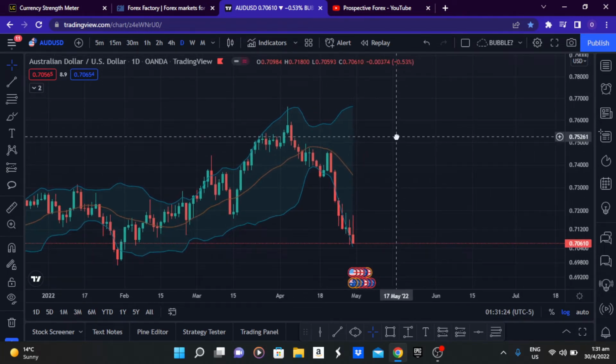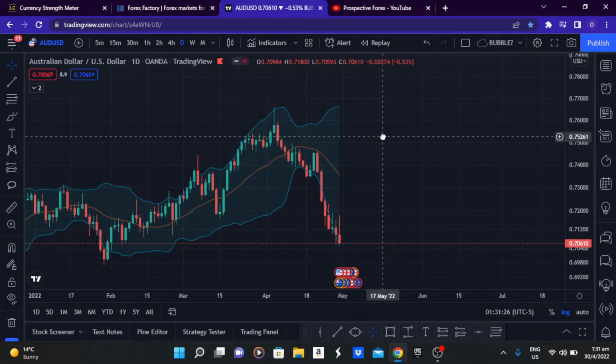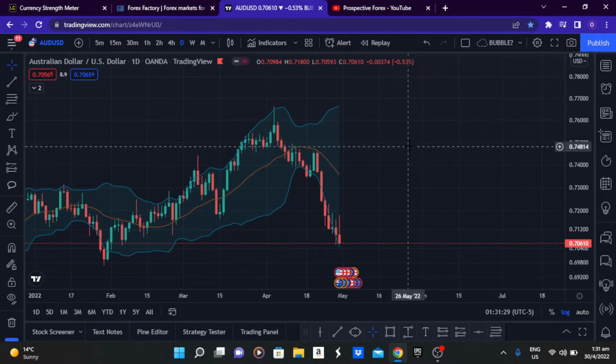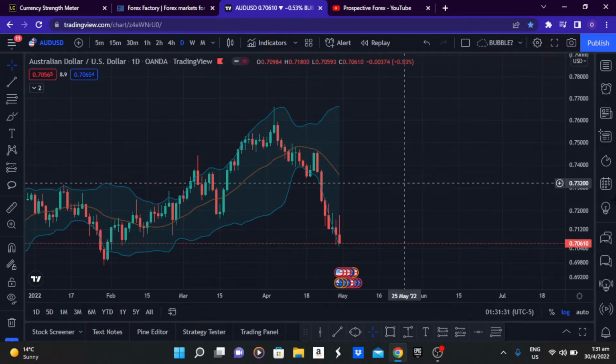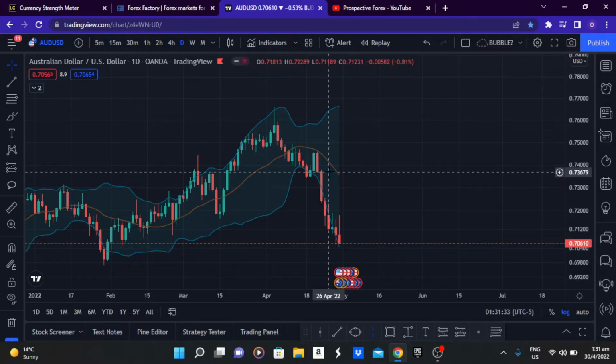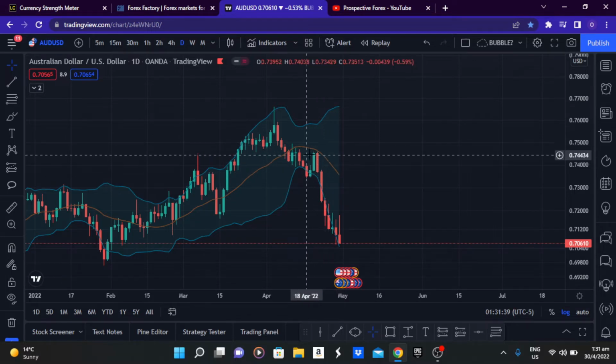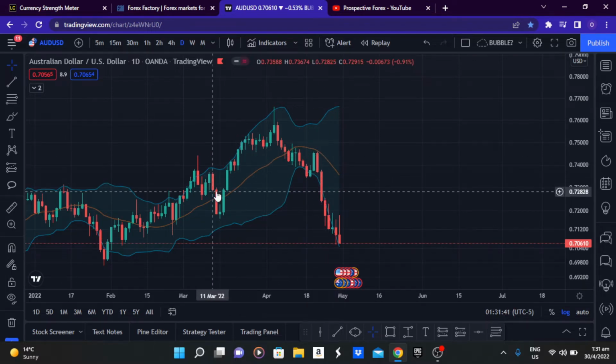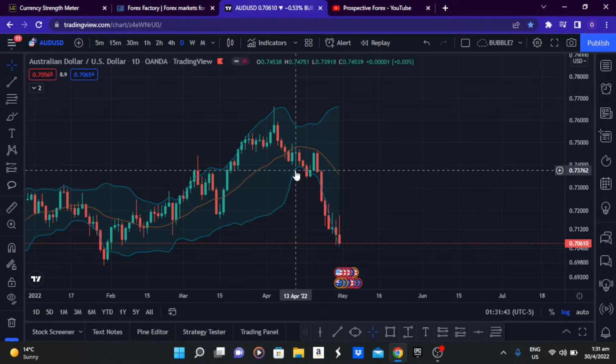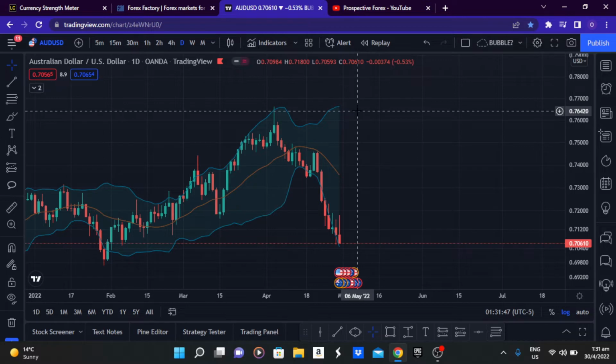And the most important thing that I always look for is this middle line here. It's basically the SMA, that's a simple moving average. This middle line is very special to me, but I'm not going to go in depth with it right now.